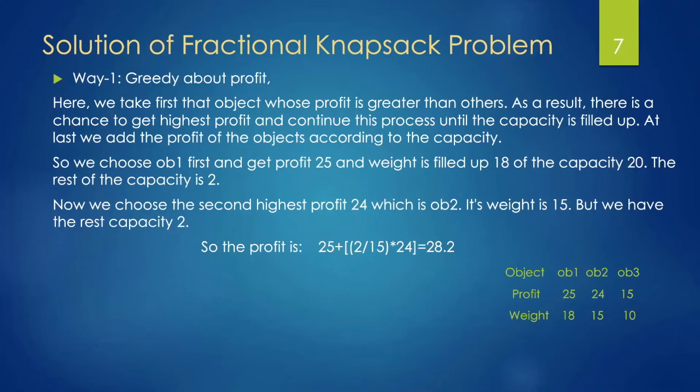Its weight is 15, but we have the remaining capacity 2, so we use a fractional part of object 2. So here's my calculation: 25, the profit of object 1, plus the fractional part of object 2. The maximum profit is 28.2 for greedy about profit.